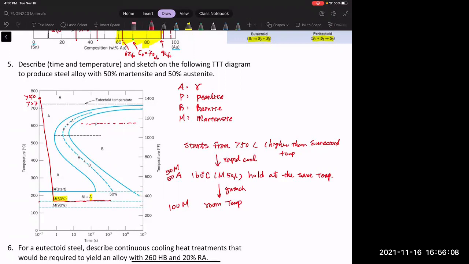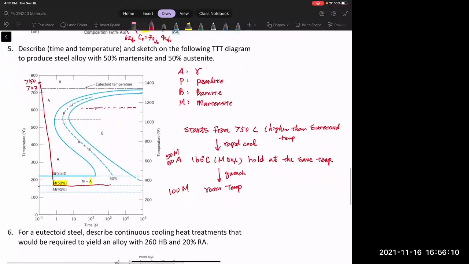Let's do maybe one more example, and then we will look at the last question. So let's say you wanted to create 100% fine pearlite.